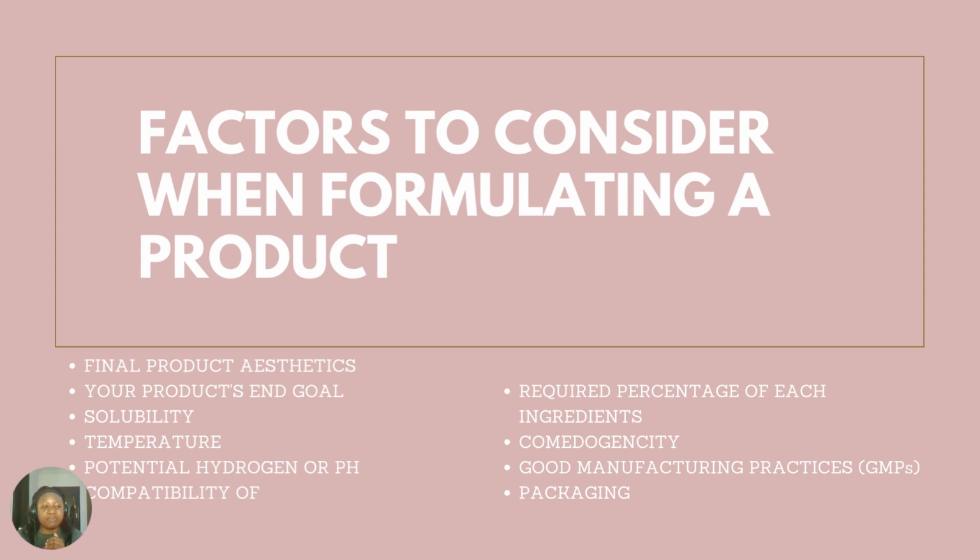Same with body oils. You cannot put body oils in a jar. It is going to spill, right? Even probably before it gets to the end user, it is probably going to spill while it is being delivered. So you really need to consider what the final outlook of your product will be for you to choose a packaging.